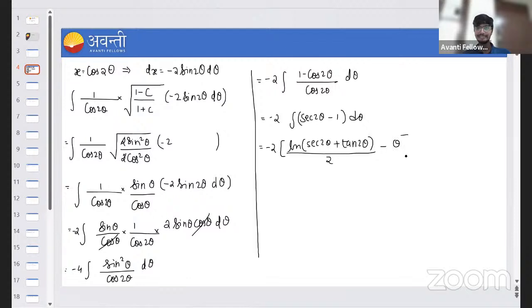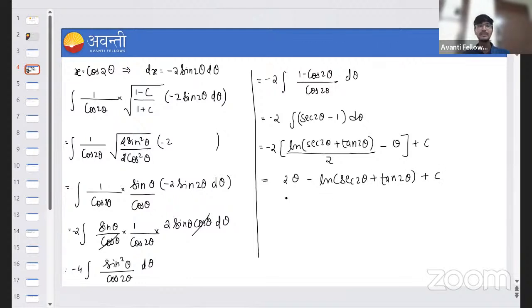It is theta, plus c. If I take the LCM, the 2 and 2 will get cancelled, so 2 theta comes first with the minus sign. So I'll get 2 theta minus ln of sec 2 theta plus tan 2 theta plus c.